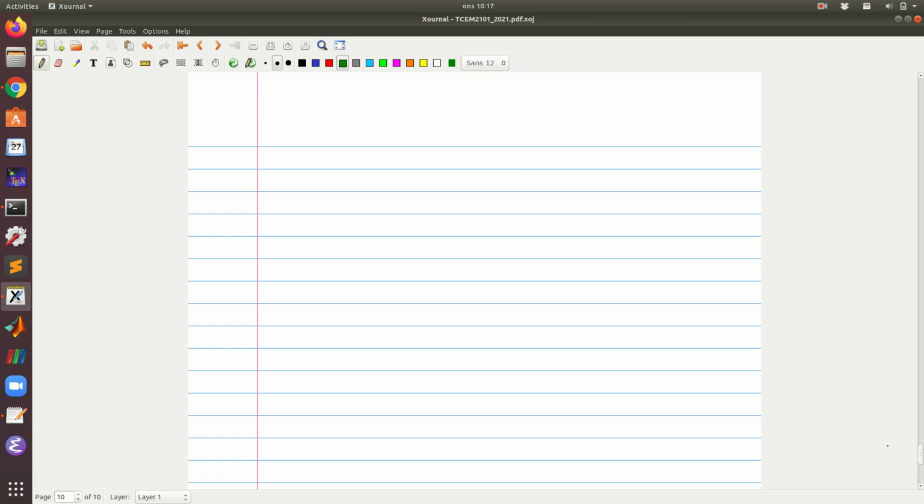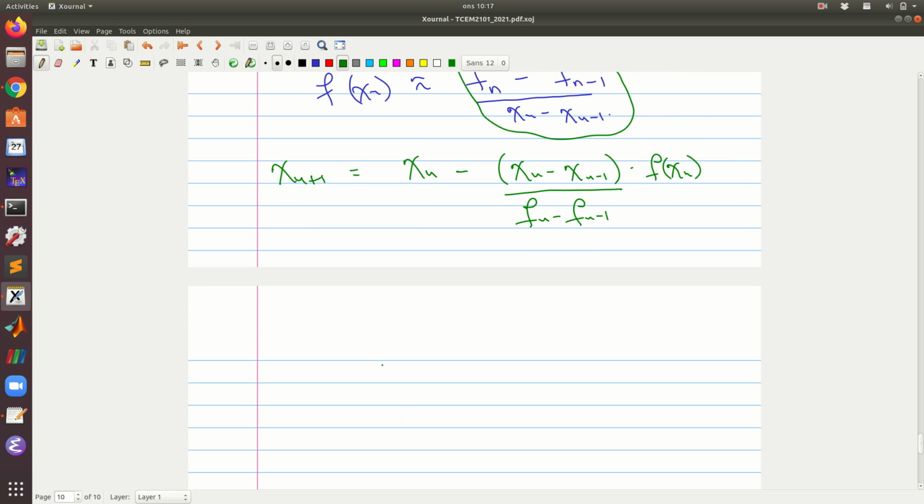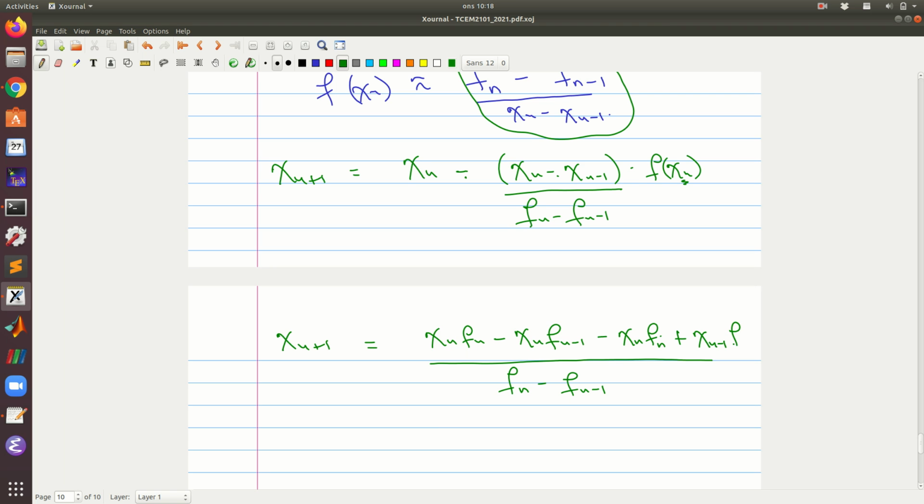So we are going to simplify that further and then write xn plus 1 over fn minus fn minus 1. So this is xn fn minus xn fn minus 1 minus xn fn, and then the negative and the negative here will give a positive, and then we have xn minus 1 times fn.